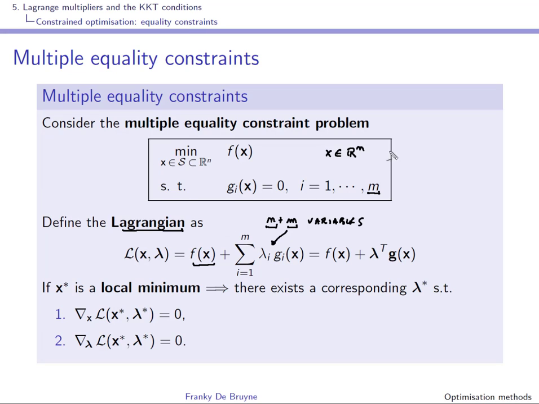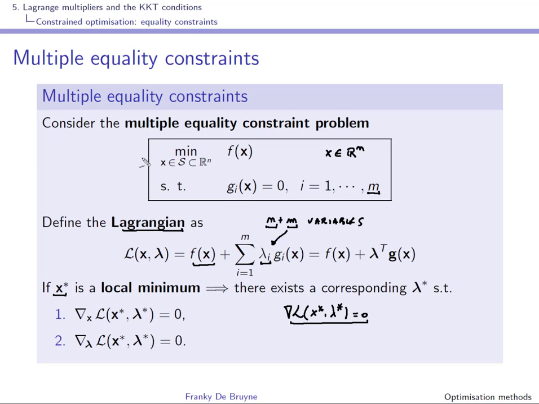If this constrained optimization problem has a local minimizer, then this Lagrangian function has a minimum in the sense that the gradient of the Lagrangian evaluated in x star, lambda star is equal to 0. The difference with the preceding case is that lambda star here is now a vector containing all the Lagrange multipliers.